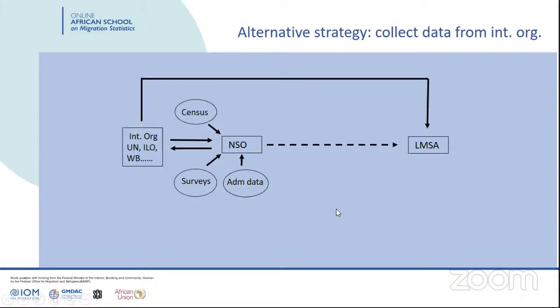This is not the model we have used. We went directly to the countries, and there are of course good things and bad things by doing that, but that is what we have done.